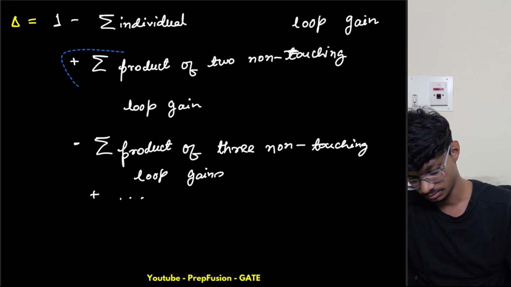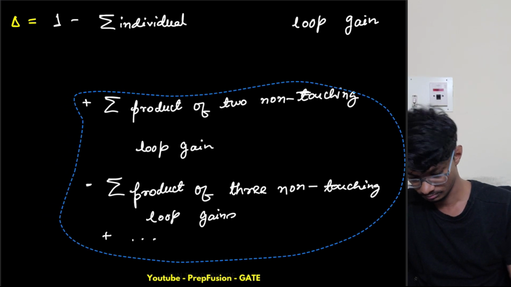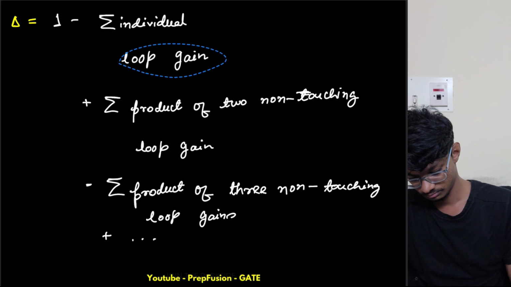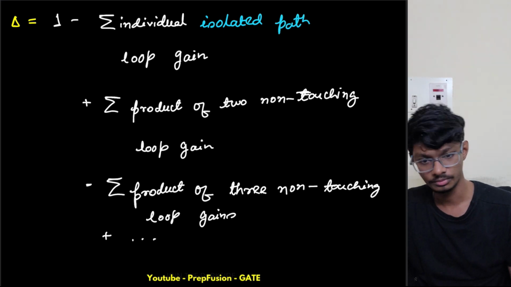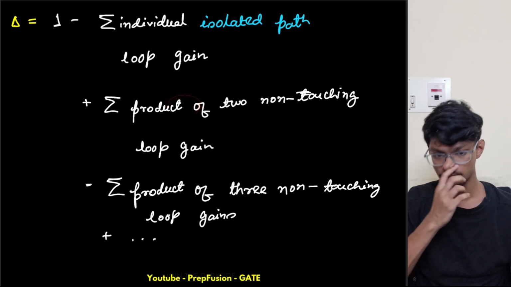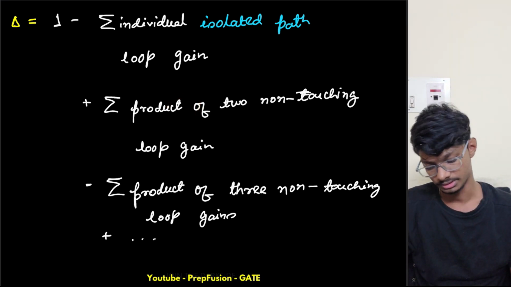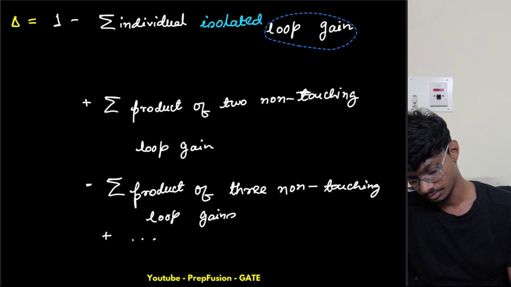Let me bring this down. Path loop gain. And this second term will become non-touching isolated loop gains, right? Isolated loop gains. So this is only isolated only. I can bring this over here.